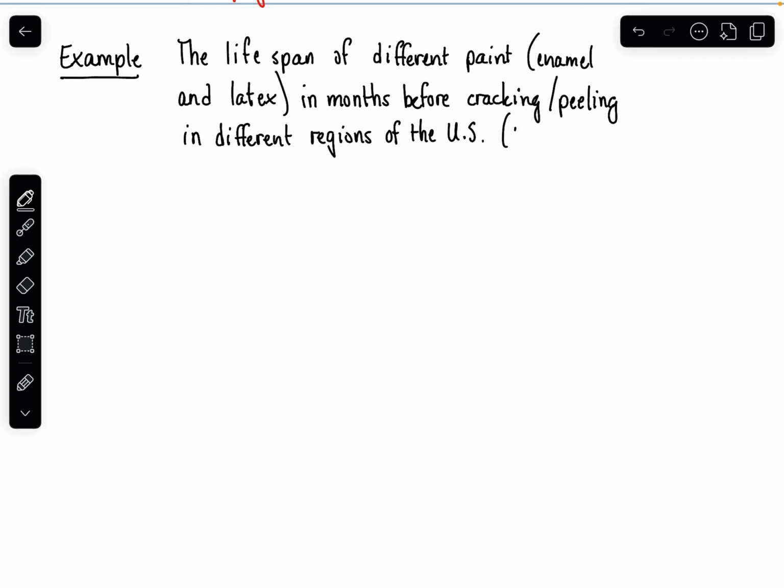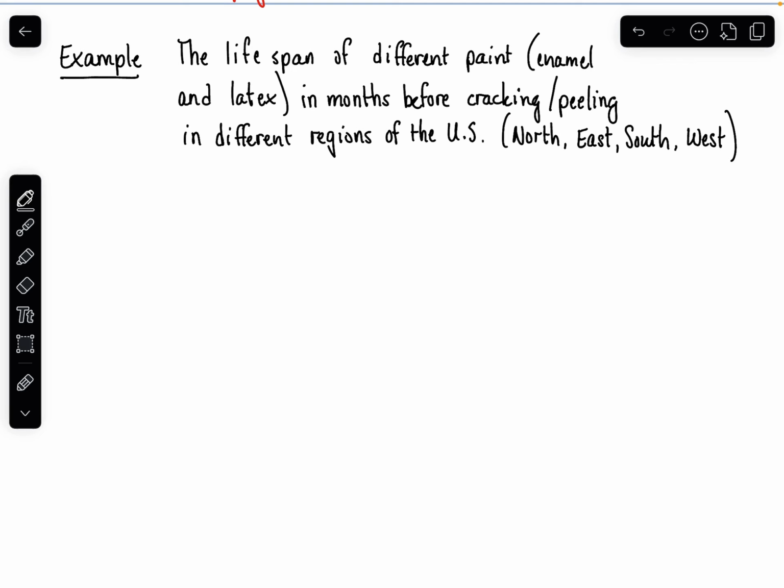Those 4 regions are quite simply north, east, south, and west. So what we have here are 2 different paints, 4 different regions.